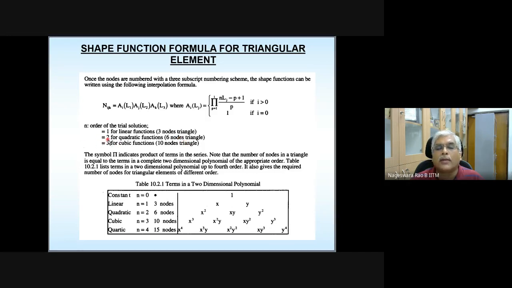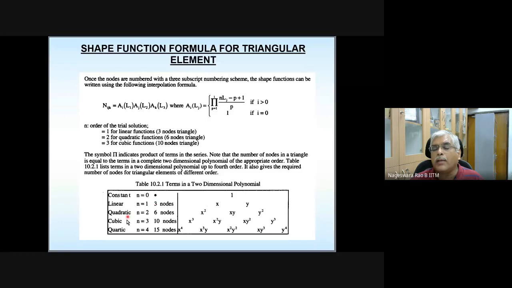So n is equal to 2 for a 6-node triangular element, quadratic functions. And n takes value equal to 3 for cubic functions or a 10-node triangle. So how n is equal to 1, n is equal to 2, n is equal to 3 is taken depends on the order of the trial solution.